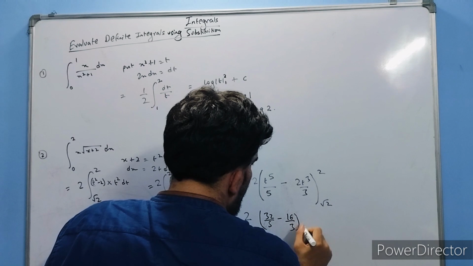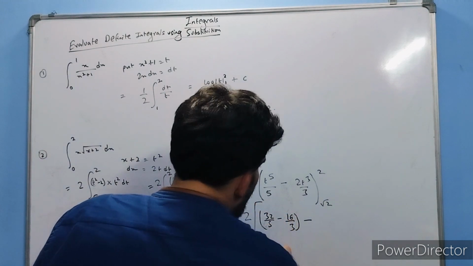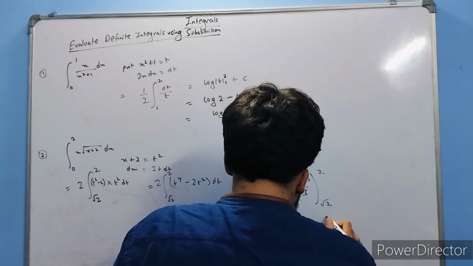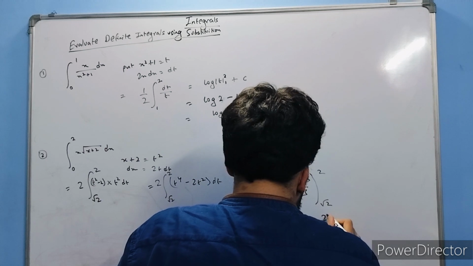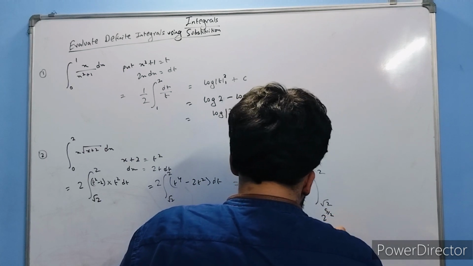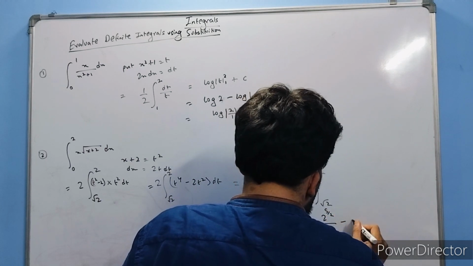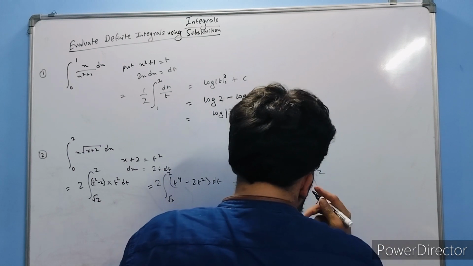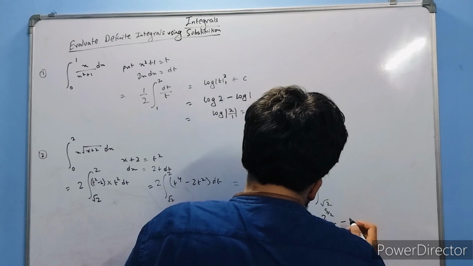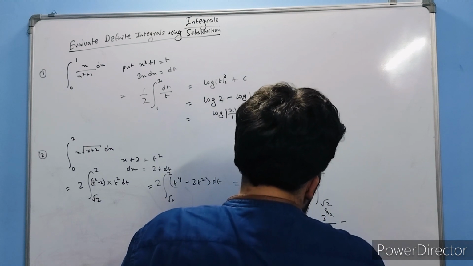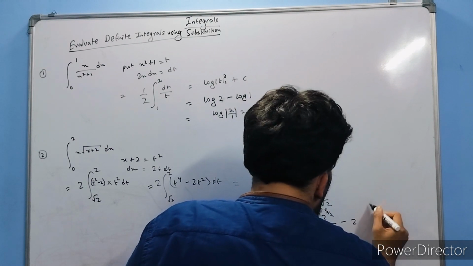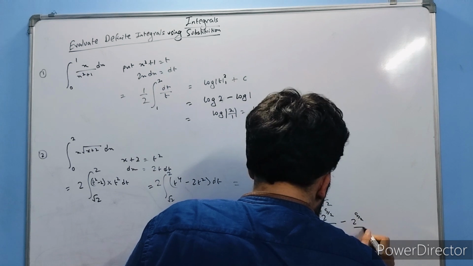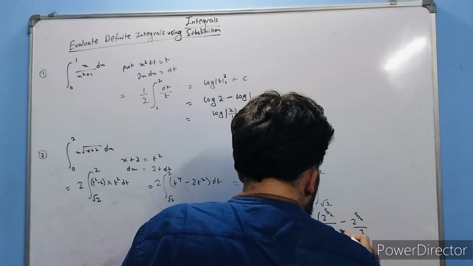Okay, minus, now I will put the lower limit value here. Now I will try to solve. Putting t equal to root 2, I get 2 to the 5 by 2 upon 5 minus 2 times 2 to the 3 by 2 upon 3.